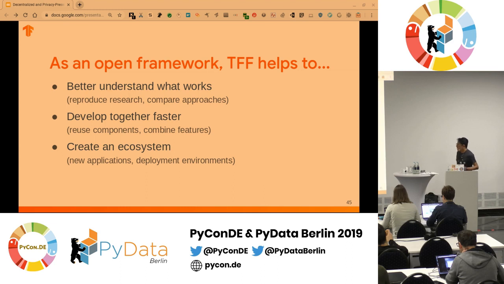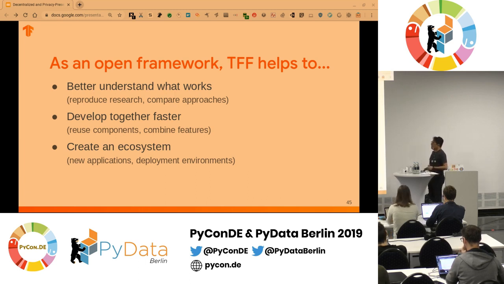So what's the value prop for TFF? I'm going to use TFF as a placeholder for TensorFlow Federated, since it's a long name. The first thing we want to enable is this for researchers, so it should be easy to get a good idea about a technique.